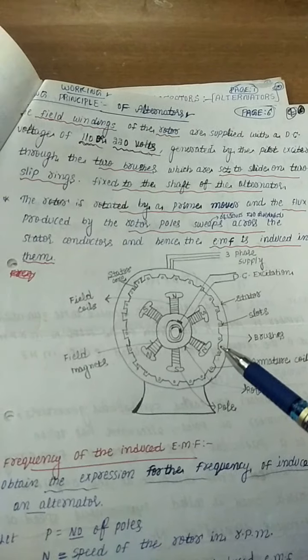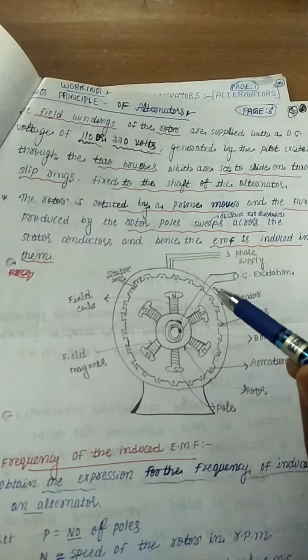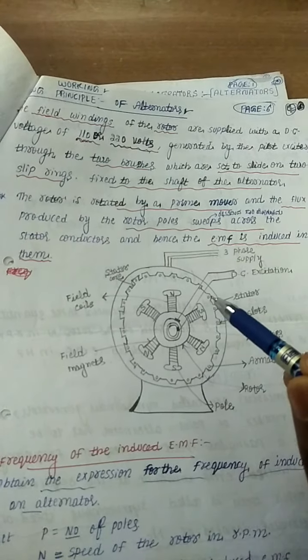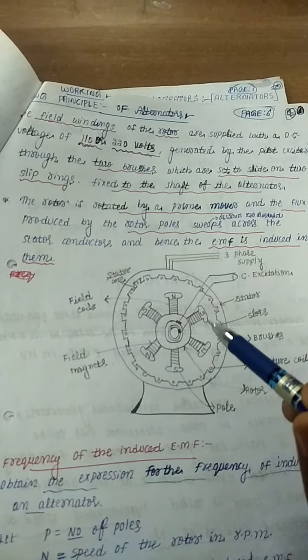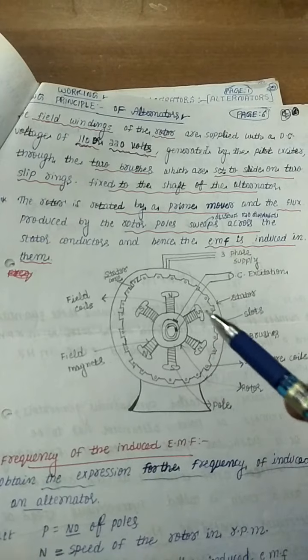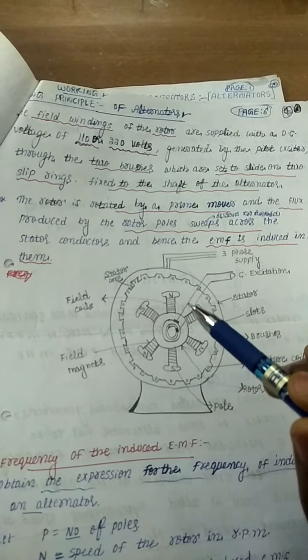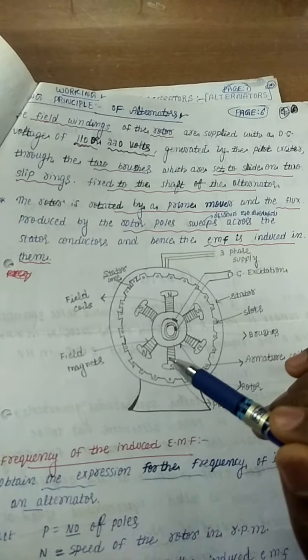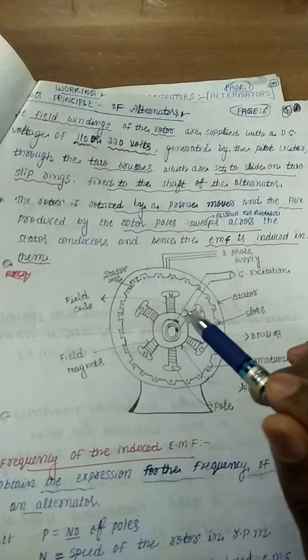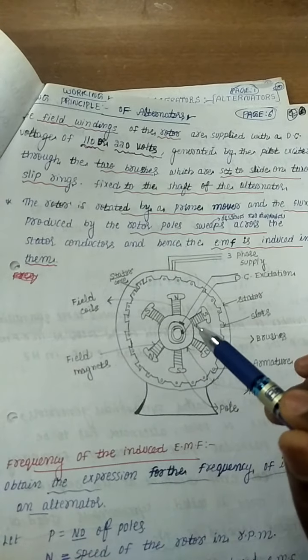Due to this sweep of flux, the EMF will be induced in the conductors of the stator. So this is the working principle of an alternator. As I earlier told you, in order to rotate this rotor, the prime movers are used based on the type of the rotors.